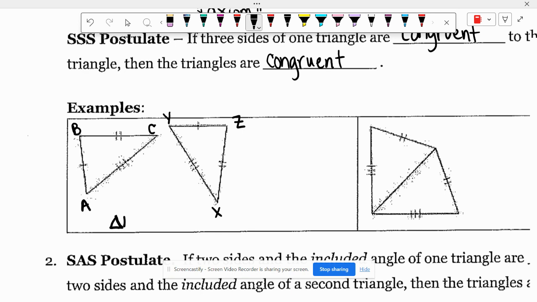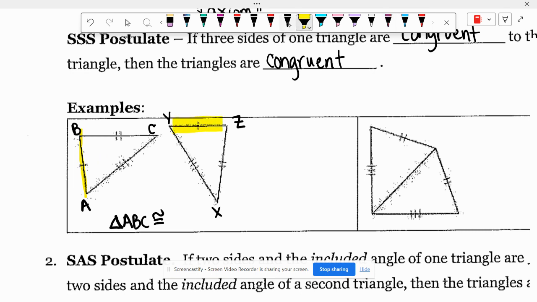So I'm going to start with triangle ABC. And it is congruent to what? Well, if I go from A to B, how many congruent markings are on that side? 1. So I have to use the same side that has one congruent marking on it.